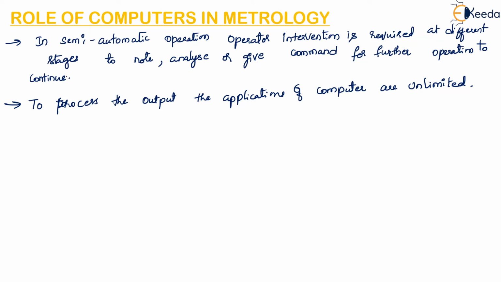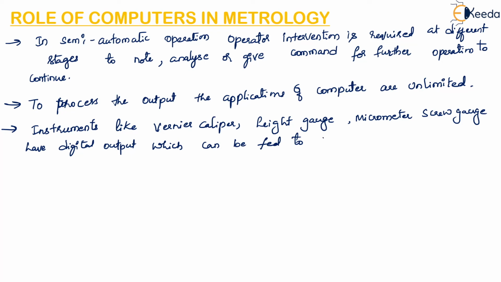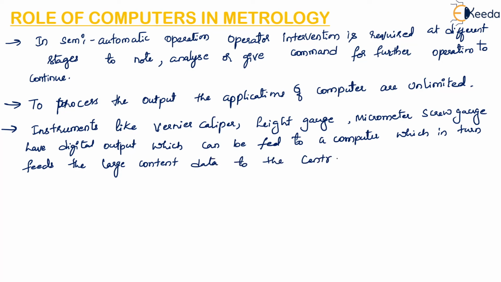This central computer will take in the large quantity of data from different locations in the plant, and then analyze it collectively. So nowadays many instruments like vernier caliper, height gauge, micrometer and screw gauge have digital output which can be fed to a computer, which in turn feeds the large data to the central computer.